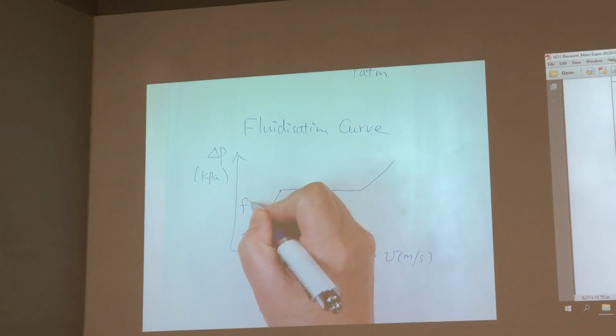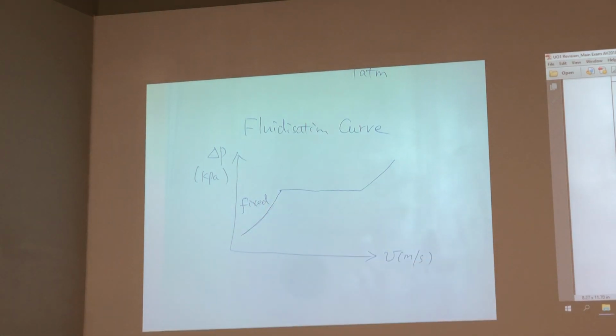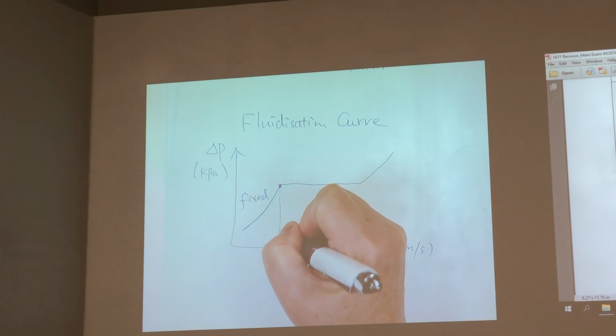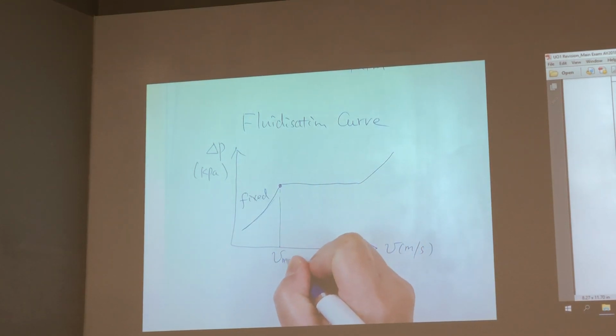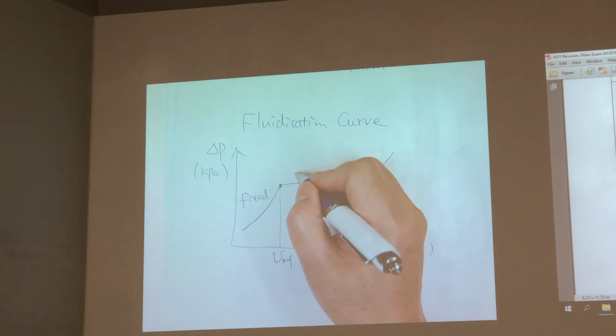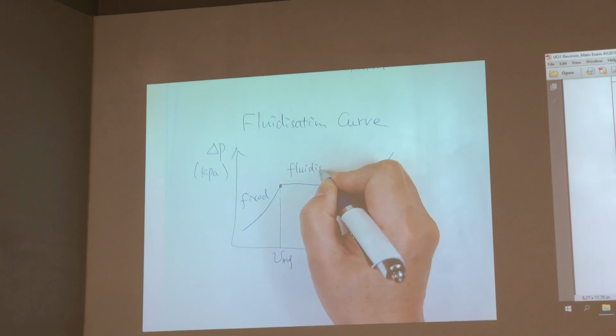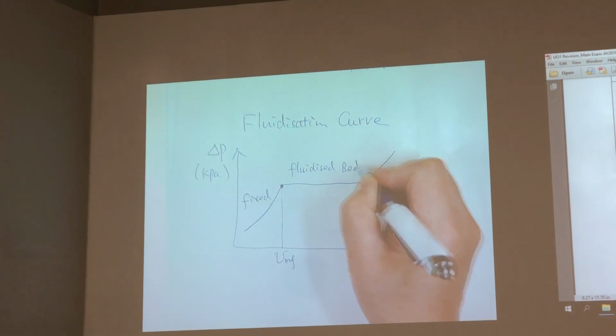So at the very beginning, the pressure will increase when the velocity increases, right? So this is the fixed bed. Once the velocity reach to minimum fluidization velocity, the pressure will keep constant. We call this fluidized bed, right?